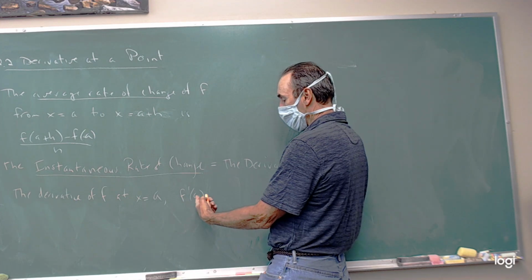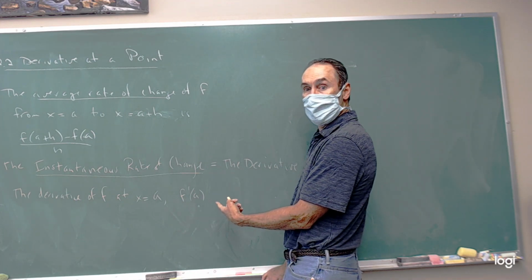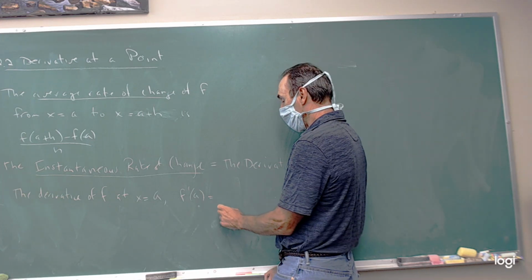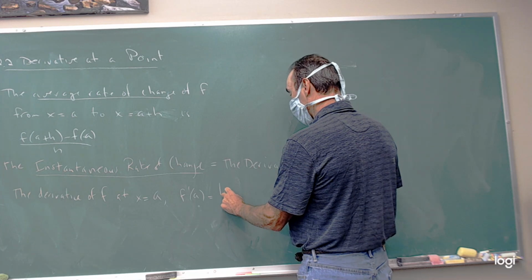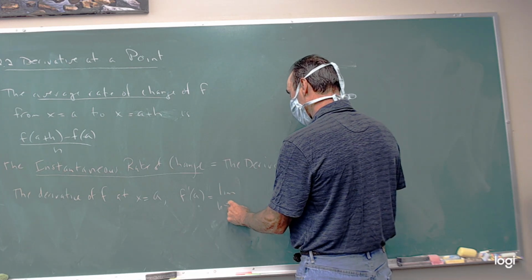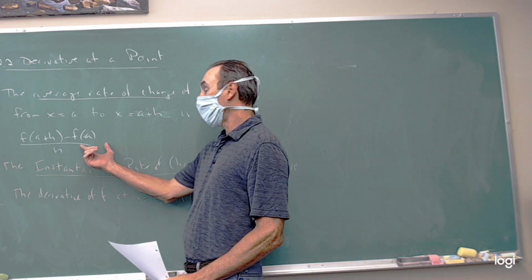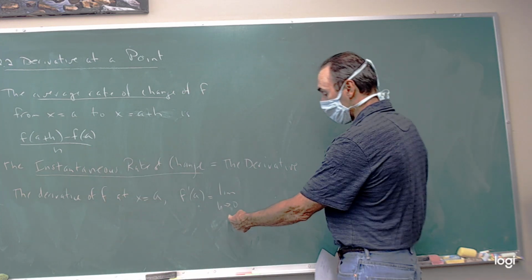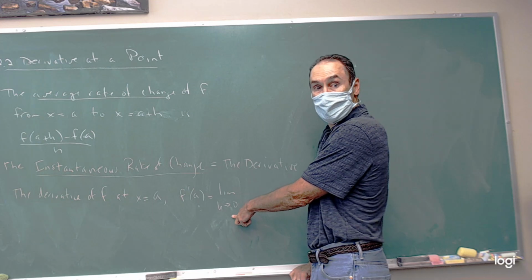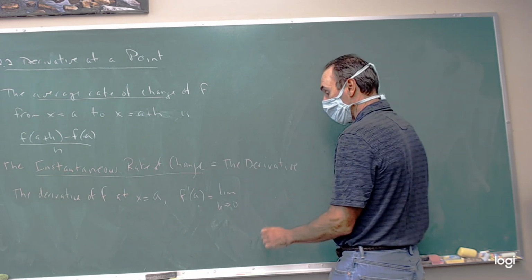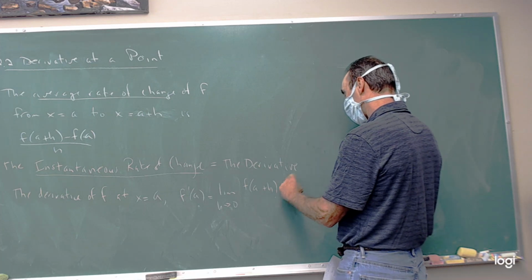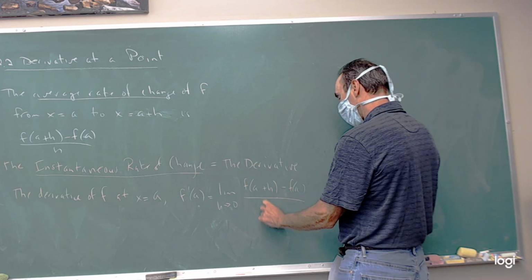We'll read that as f prime of a, or the derivative of f evaluated at a, is going to be this limit. So now it's just like what we just wrote up there with this average rate of change, or sometimes called the difference quotient, except with the huge difference that it has this limit in it. So it's the limit as h goes to 0 of f of a plus h minus f of a all over h.